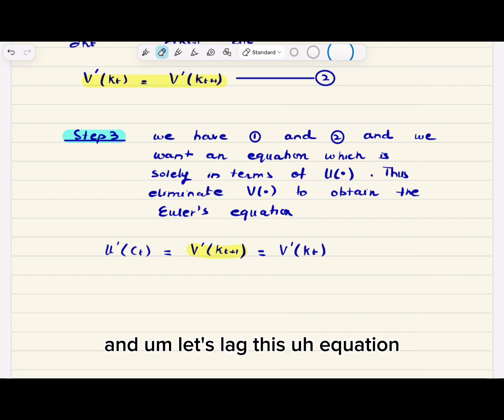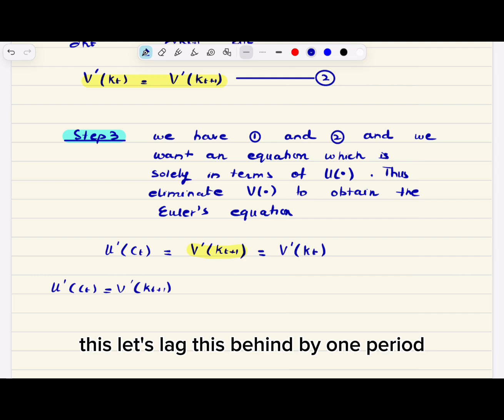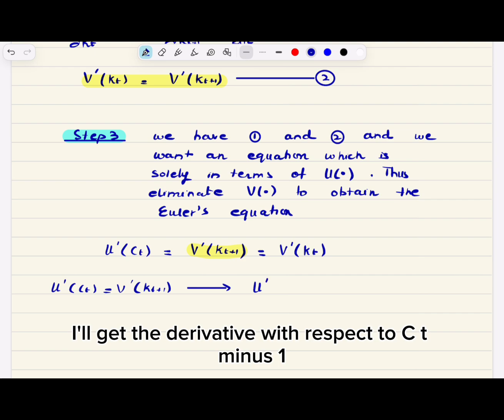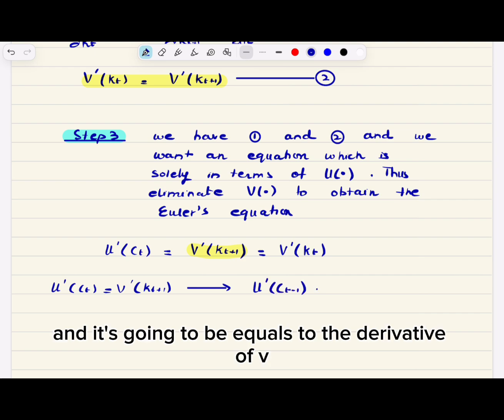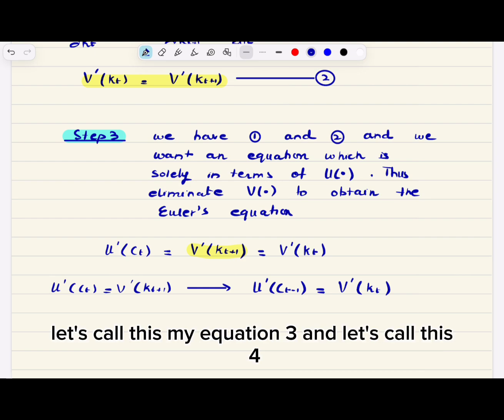Let's lag the first equation behind by 1 period. If I lag it behind, I'll get the derivative of utility with respect to c t minus 1, and it's going to be equal to the derivative of V with respect to k t. Let's call this my equation 3, and let's call this 4.